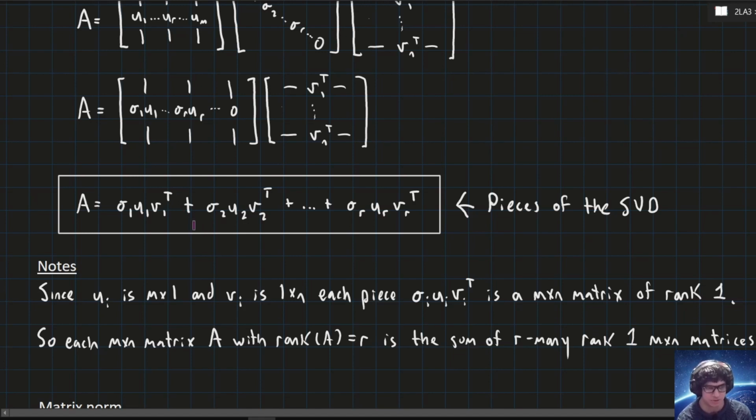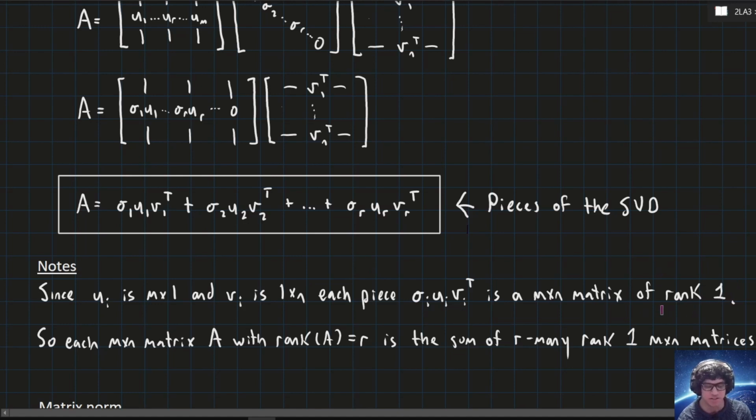That means u_i times v_i transpose is going to be an m by n matrix. Then we multiply it by a number, which doesn't change the size. So each piece is the same size as A.